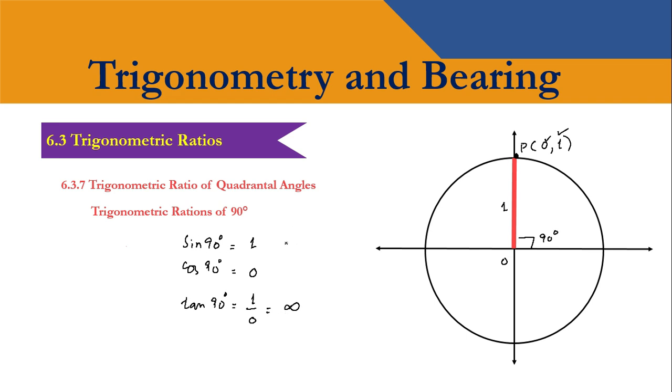The reciprocal of sine theta is cosecant 90 degrees, which is the reciprocal of 1, which is always 1. The reciprocal of cos 90 degrees is secant 90 degrees, which is equal to infinity, and the reciprocal of infinity is 0, which is cot 90 degrees, equal to 0.